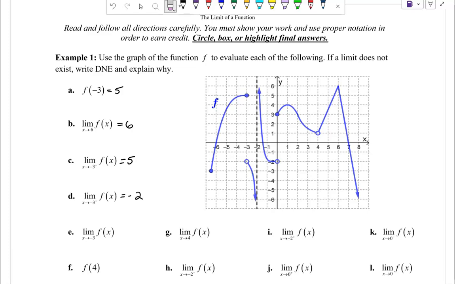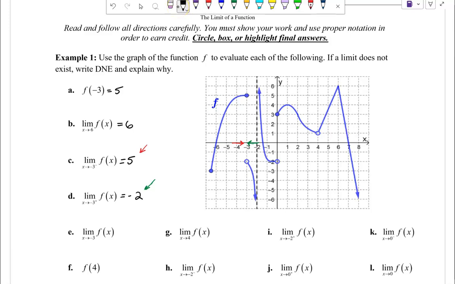Part E, the limit of f of x as x approaches -3. Now this is a two-sided limit. So we're approaching -3 from below, as we just saw, and we're approaching -3 from above, also, as we just saw. And what we notice when we look at approaching from above, we got -2. When we approach from below, we got 5. So the right-handed limit and the left-handed limit are not equal.